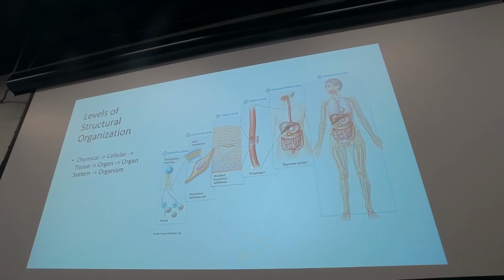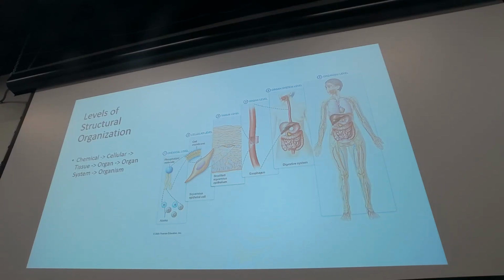In this case, this is the esophagus, the tube that brings the food from the mouth into the stomach. And then the esophagus forms part of the digestive system that has, of course, more than the esophagus: the mouth, the liver, gallbladder, the stomach, intestines, etc.